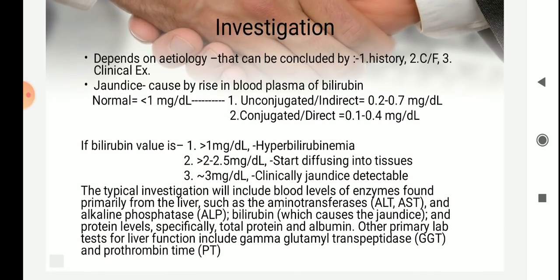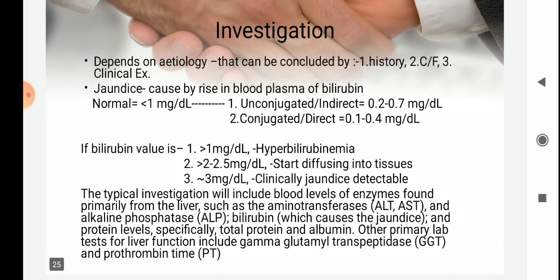So it depends on etiology. So first and foremost, take proper history, clinical features. Then there could be the cause. So why there is sudden rise in blood plasma of bilirubin is to be assessed. So normally it is less than 1 milligram per deciliter, and the values, as I already mentioned, are given there.